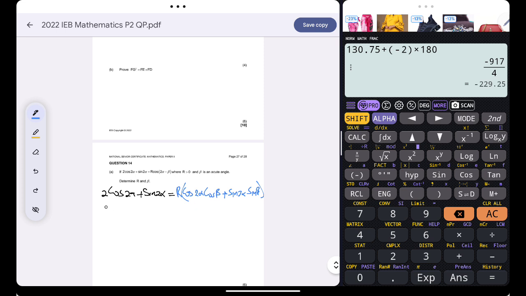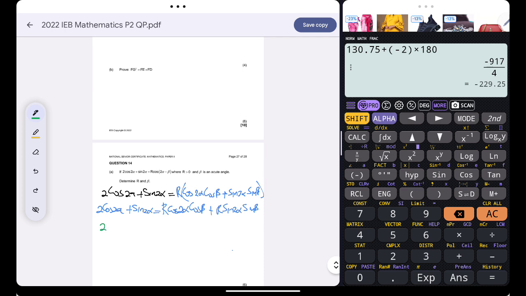So this thing is equal to we have 2 cos 2a plus sine 2a. This is r cos 2a cos beta plus r sine 2a sine beta, right? Since these two things are the same, and we can see that both of them are separated by just a plus sign.